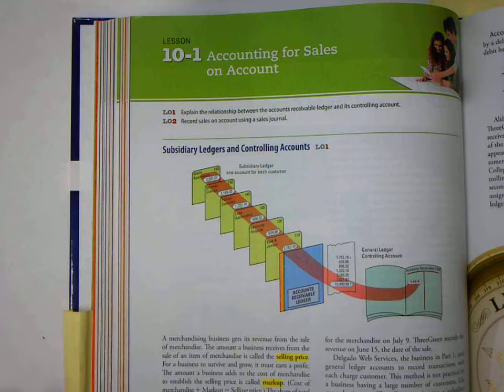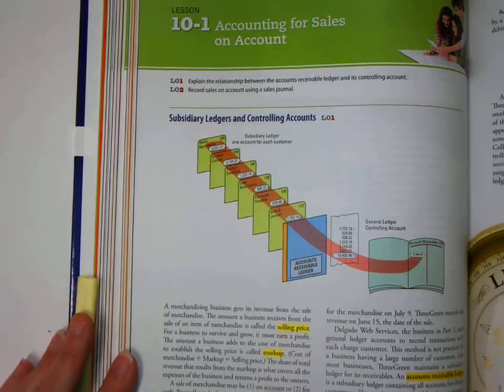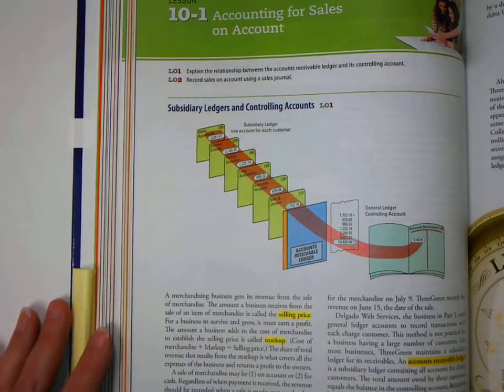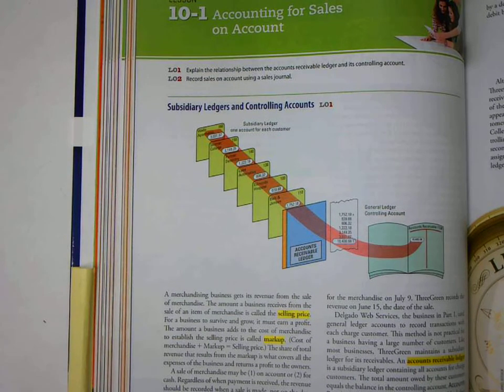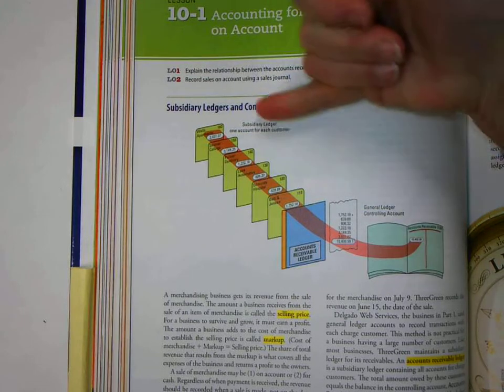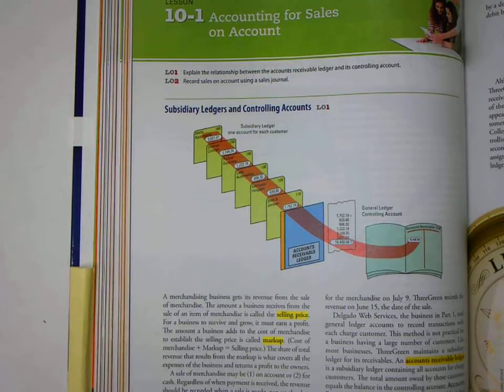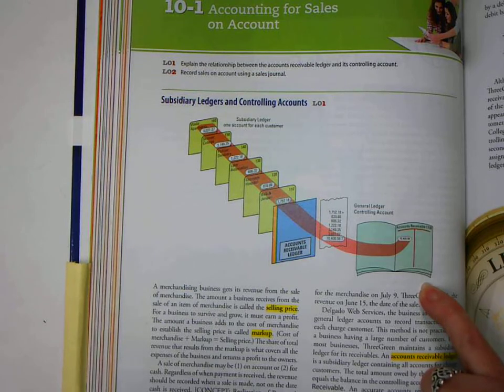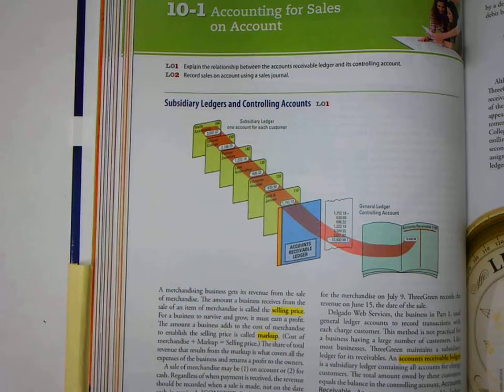And so we want to keep track of all of our sales, and we want to keep track of all of our accounts receivable. And again, because we don't want a ton of extra accounts in our chart of accounts for the AR-XYZ company, whatever the case may be, we're going to use the same process with the sub-ledgers and the controlling account, like we did in chapter 9 with the accounts payable sub-ledgers or subsidiary accounts and the controlling account.